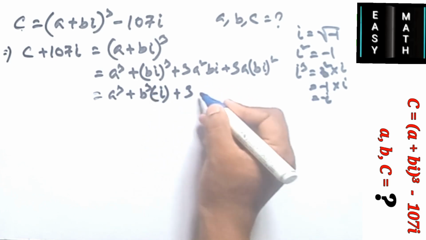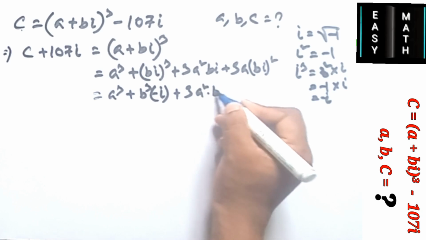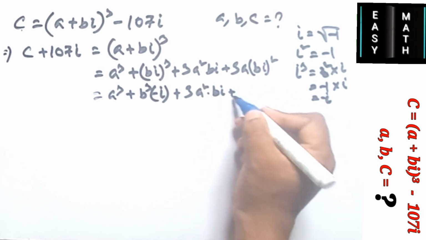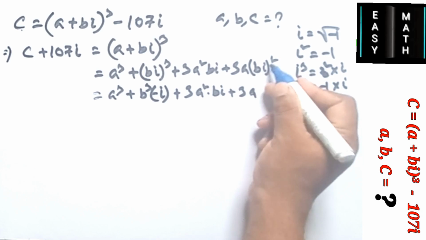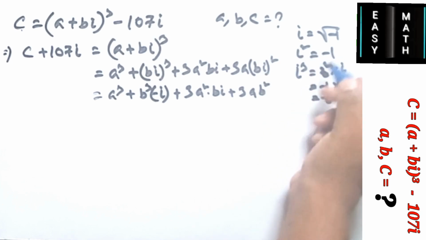And 3a squared, and this is bi, and there is the 3a, and there is the b squared, and i squared is the minus 1.